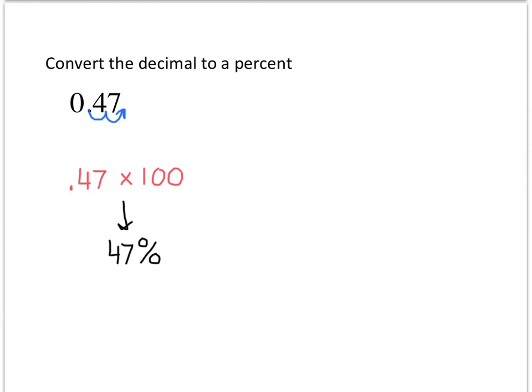Now just a way of checking this, remember what percent means. 47% literally means that I have 47 out of 100. So I want to keep this in mind. Well, does 47 out of 100 really represent 0.47? And it's true.